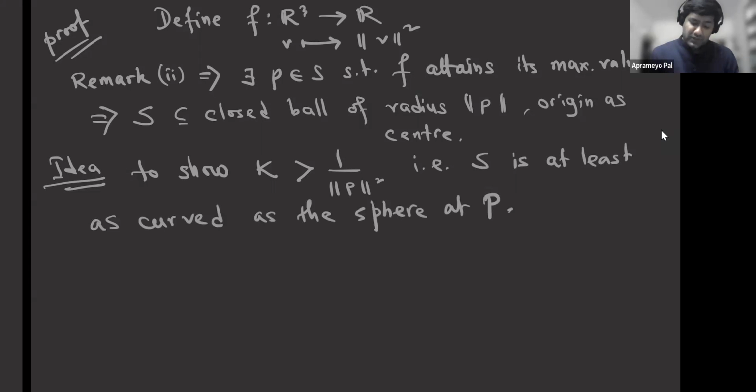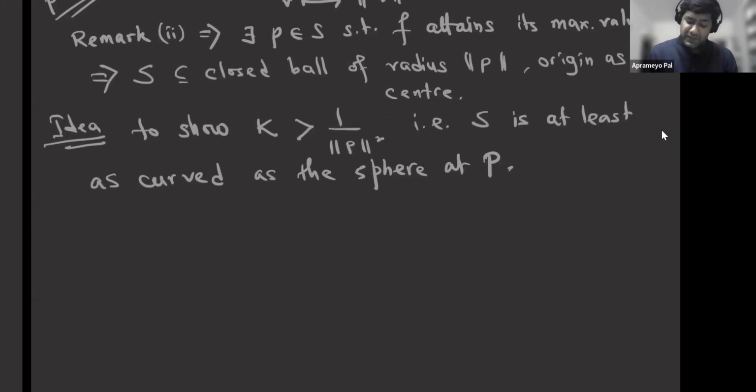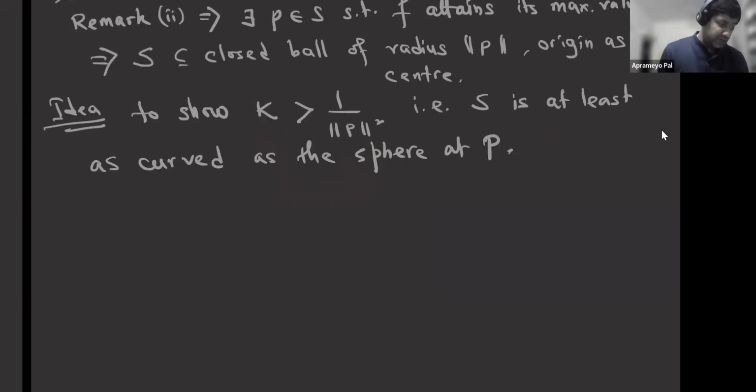If we can show this, then that is also greater than 0, right? So then we are done. Let me go through it quickly, as we are running out of time fast. That's the idea, and let's try to be formal now.